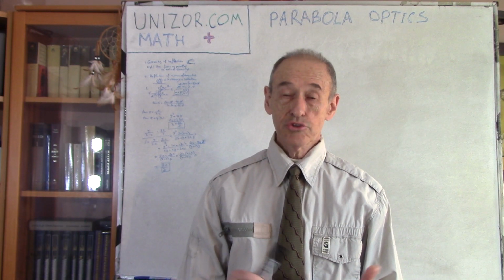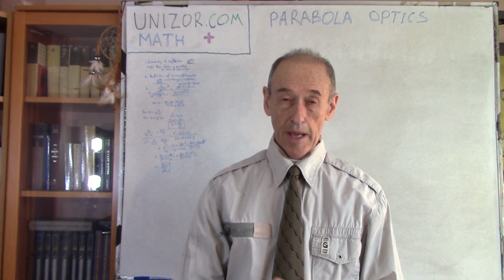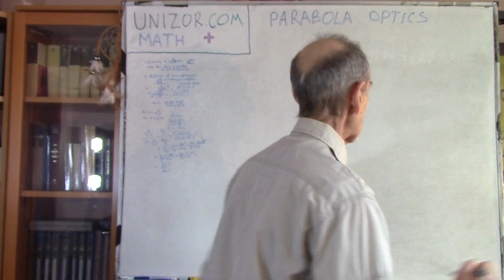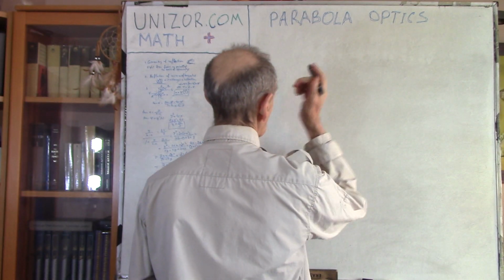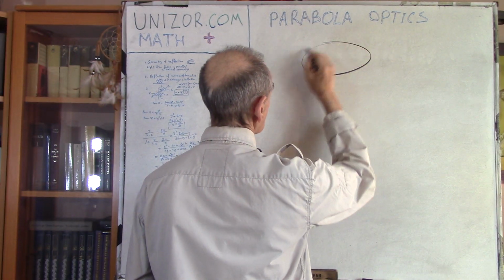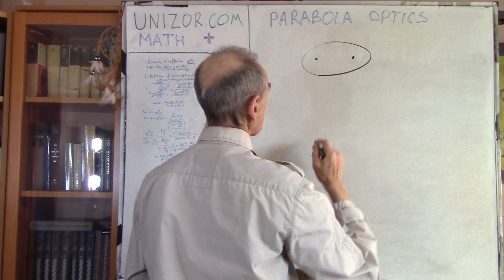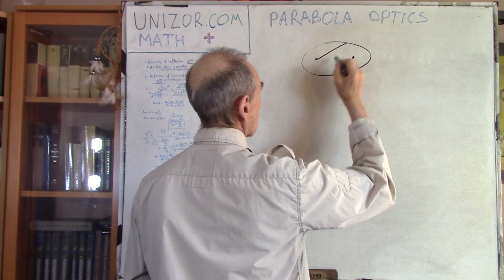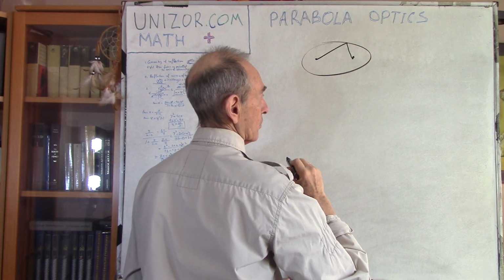We did actually go through optics for ellipse and for hyperbola. If you remember, in the case of ellipse, we had two foci, and if light is emitted from one focus in any direction, it will always go to the other one.